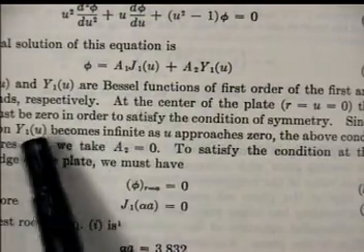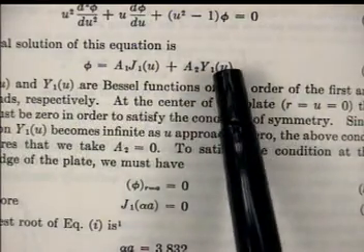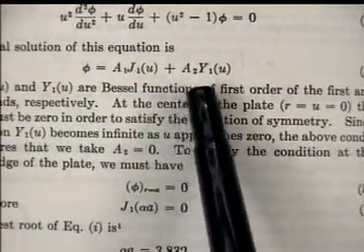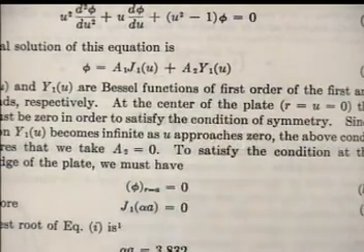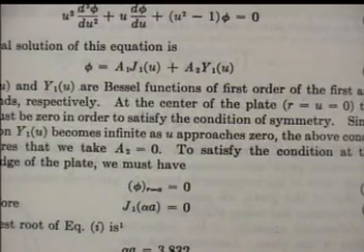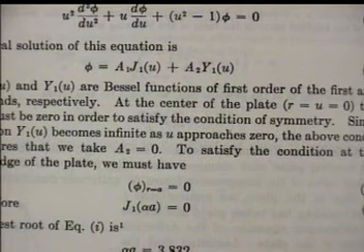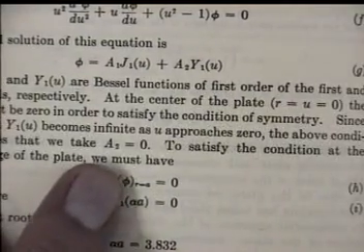Therefore, this function that becomes infinity at 0 cannot participate in the game. Therefore, A2 must be put 0. We should discard it because it does not answer our physics condition. The slope cannot take an infinite value; this plate has a finite value of the slope. Not only finite, it should be 0. So A2 must be 0.